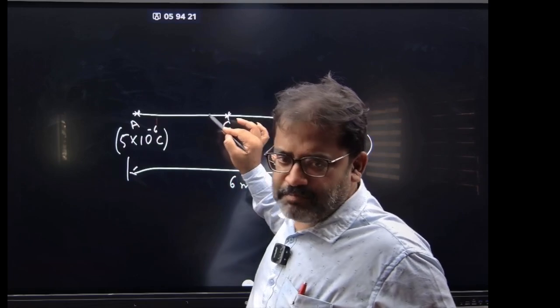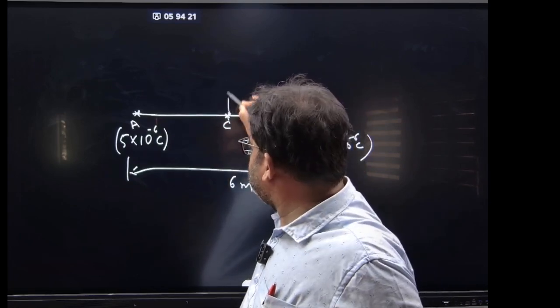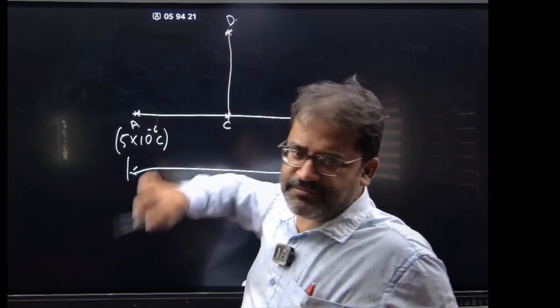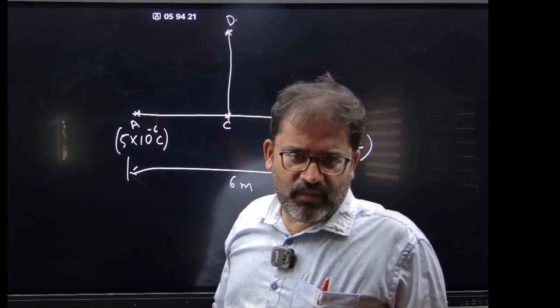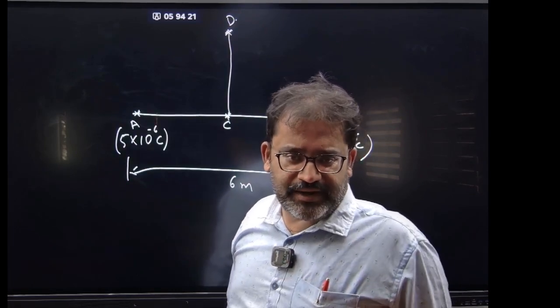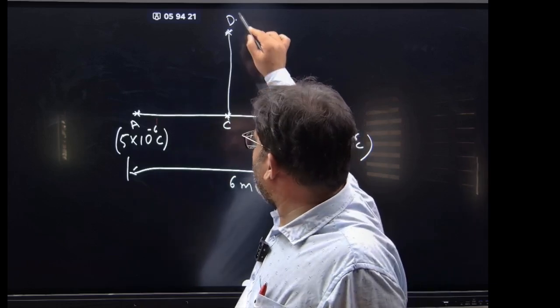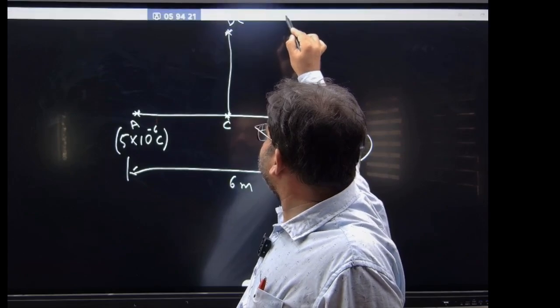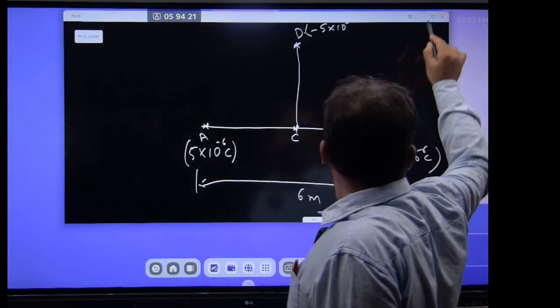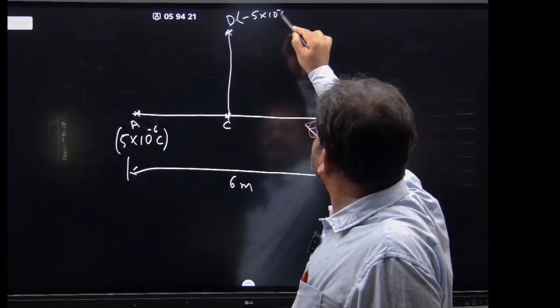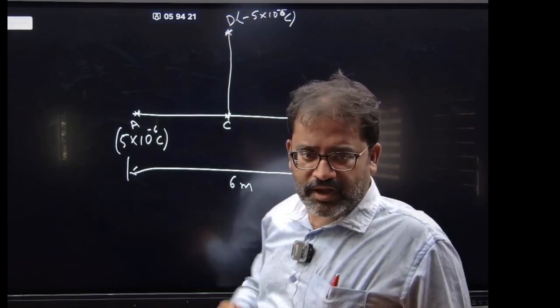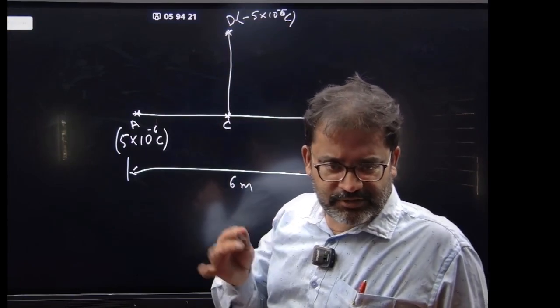Now, through this point, we are taking a charge perpendicular, and let me say it stops at point D. This charge is minus 5 times 10 to the power of minus 6 coulomb. Any doubts on that?